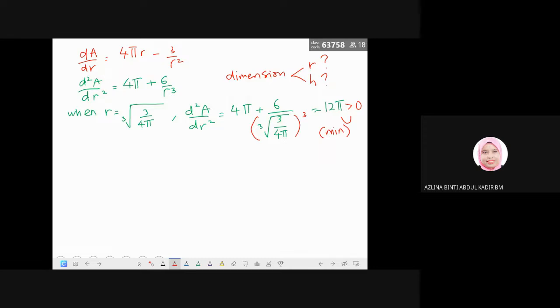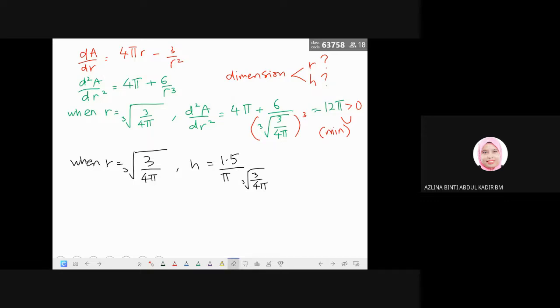Okay, nak cari H macam mana? Gunalah value of R juga. That means when R is equals to cube roots of 3 over 4 pi, so H is equals to 1.5 over pi R, cube roots of 3 over 4 pi.